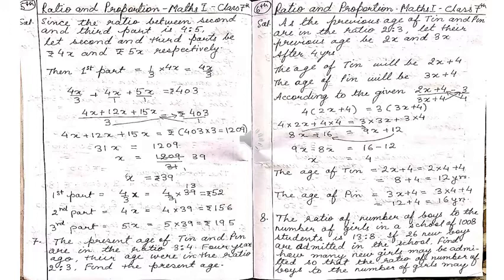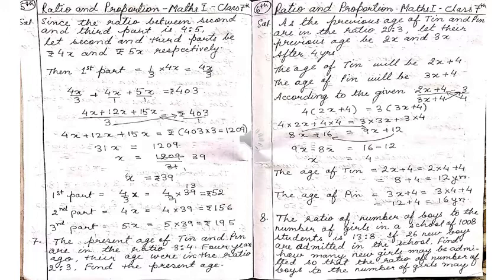Now after 4 years, the age of Tin will be 2x plus 4 and the age of Pin will be 3x plus 4. According to the given, now 2x plus 4 upon 3x plus 4 is equals to the present age ratio, that is 3 upon 4.